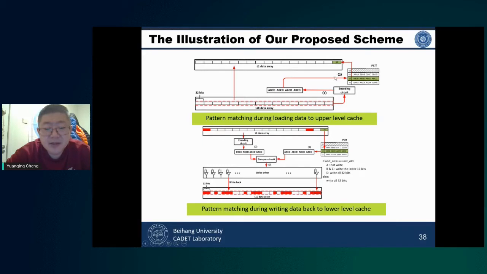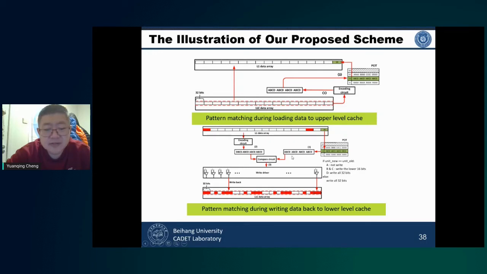cache. After that, when the data is evicted from the upper level cache and needs to be written back to the lower level cache, the index will be used to read out the original data code. And then the new changed data has its own new code. These two codes will be compared.